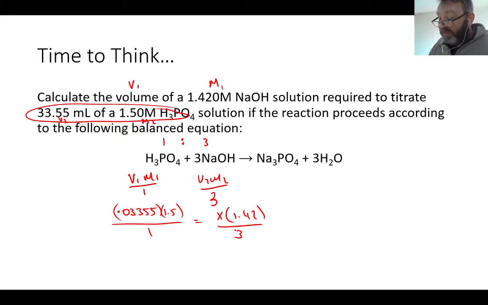And again, we do the same thing as before. Take the 3 from the bottom right to the top left, and take the 1.42 from the top right down to the bottom left. And that's going to give you X being equal, and again, trusty fraction function. Okay, so you end up with 3 bracket 0.03355 by 1.5 over 1.42.